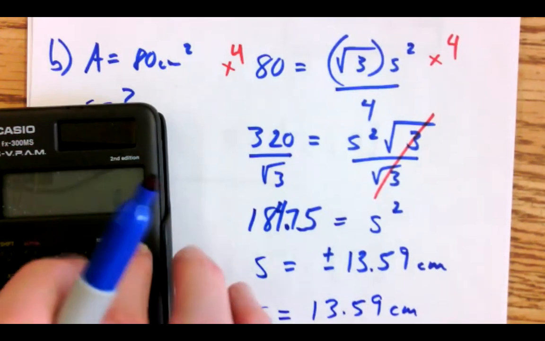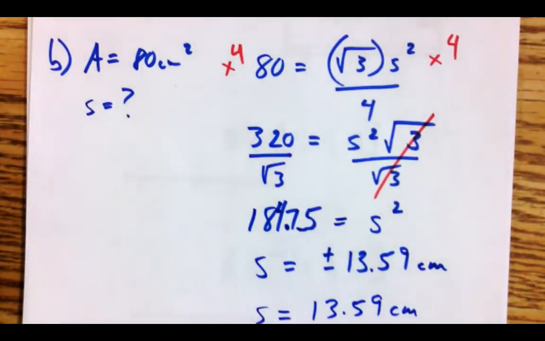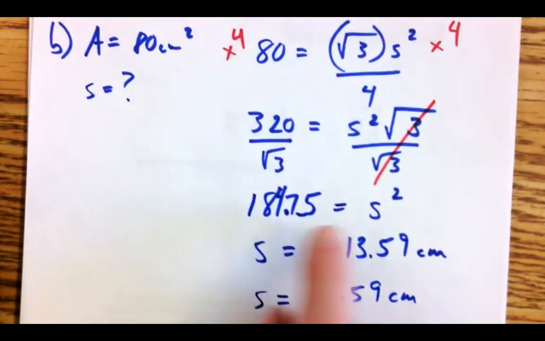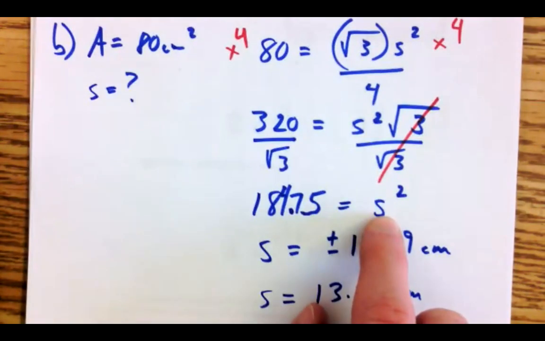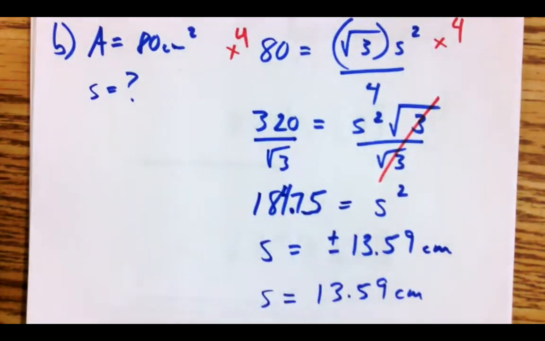You can't have a negative measurement, can't have a negative age, height, weight, distance, etc. You can't have negative 2 pets. Where did you get the 13.59? I took the square root of both sides because it was s squared equals this, so I want to know what s equals.